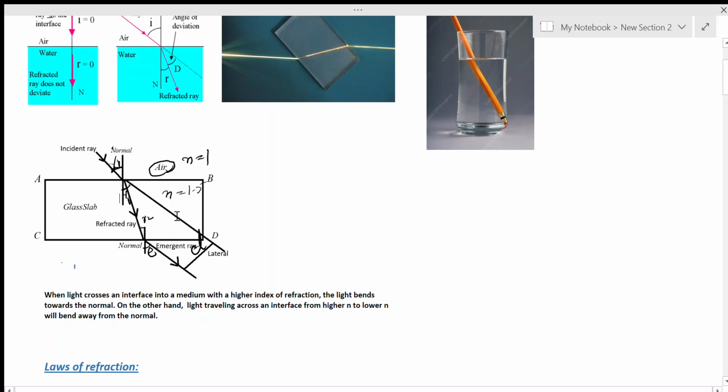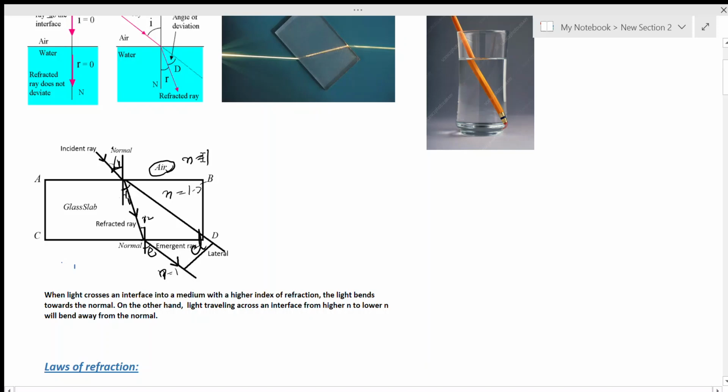Now again, at this point the ray of light is leaving the glass slab, that is from n equals 1.5 to again n equals 1 medium. Then the emergent angle is much more than this refraction angle. That means the ray is bending away from the normal. Here it is bending towards the normal, here it is bending away from the normal.